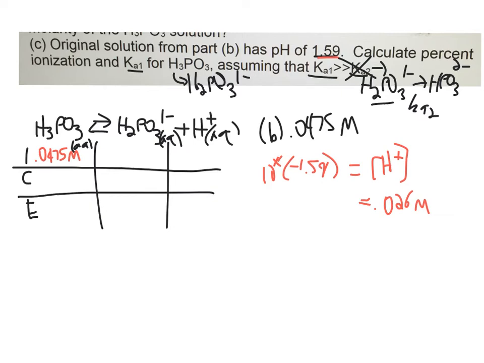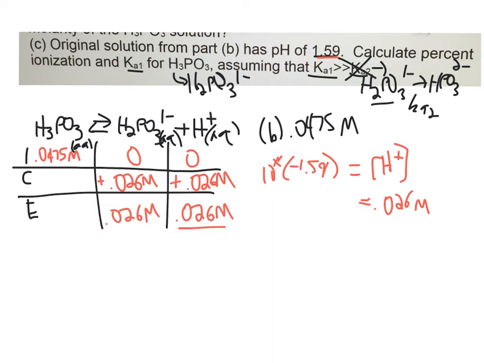So that means we started with 0 of this and 0 of that, where in this case, there is 0.026 molar change, and that means at equilibrium there is 0.026 molar hydrogen ions in solution. Same thing with the product of this anion now, but we know that this is the only thing that contributes to the pH.